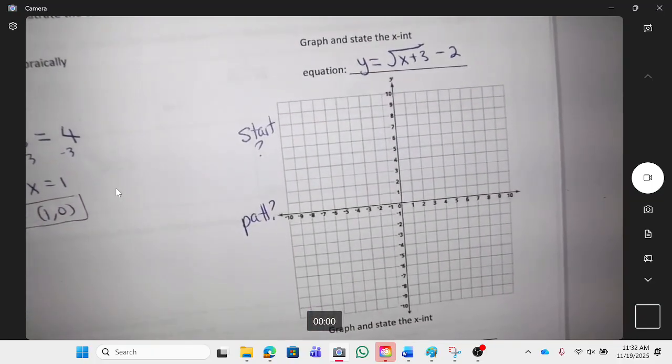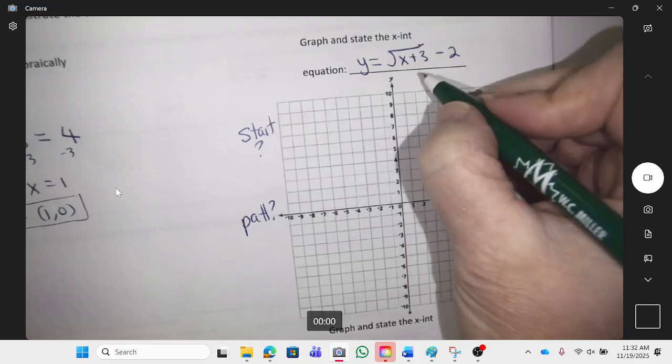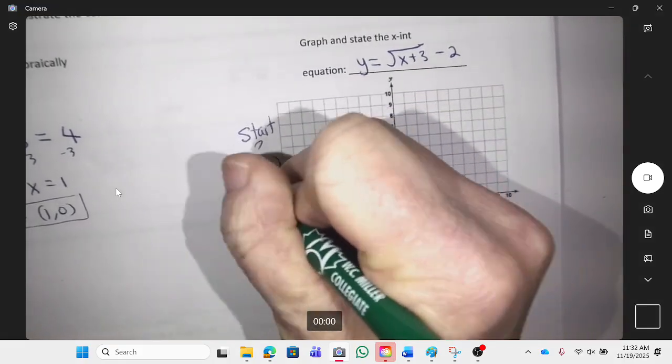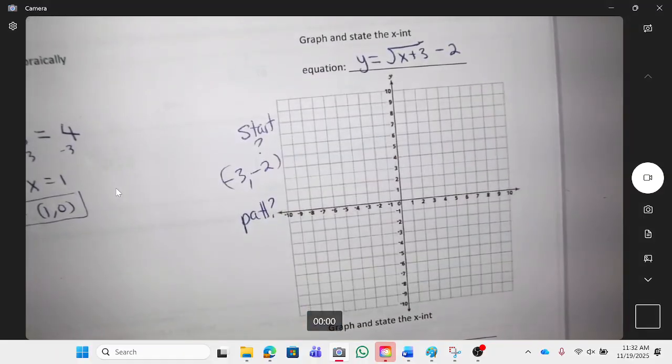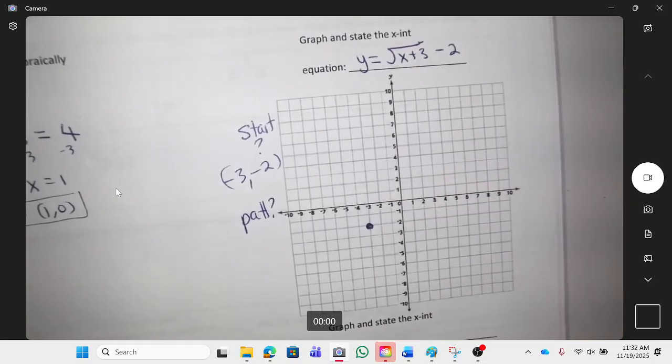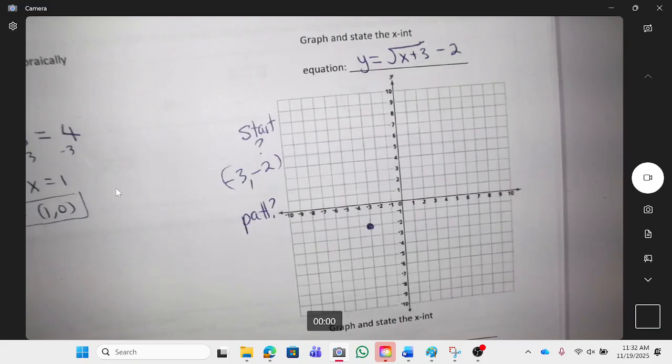What are the 2 questions I asked myself about graphing? Where should I start this? How should I move in a pattern? Okay, so there's a C and a D. So where should I start? Left 3, down 2. How should I move? There's no B, there's no A. So I'm just moving normal.